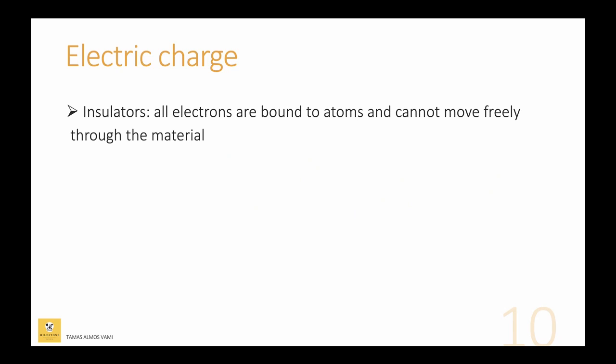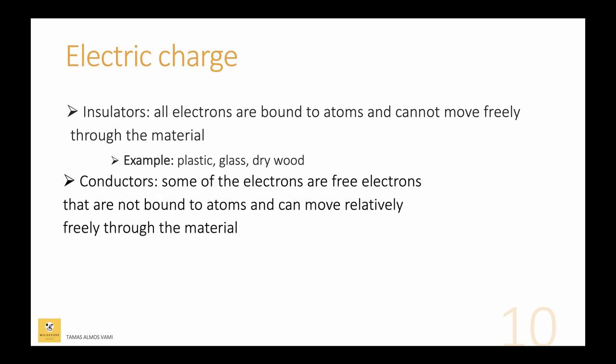We should also discuss some categorizations. We can speak about insulators. In the case of insulators, all of the electrons are bound to the atoms. They cannot move freely, and because of that, they do not create a current. Some examples here are plastic, glass, or dry wood.